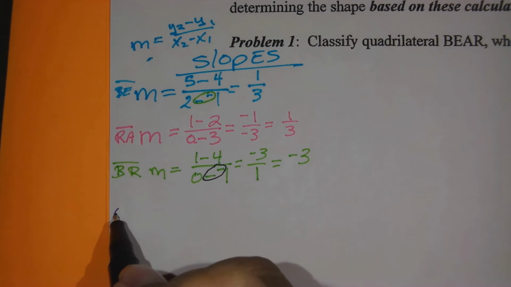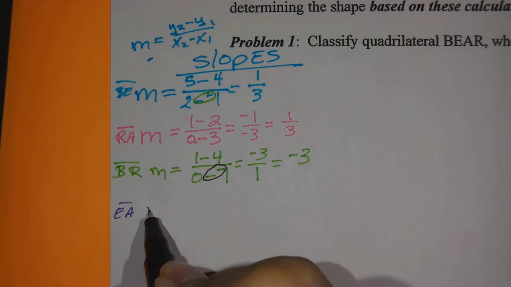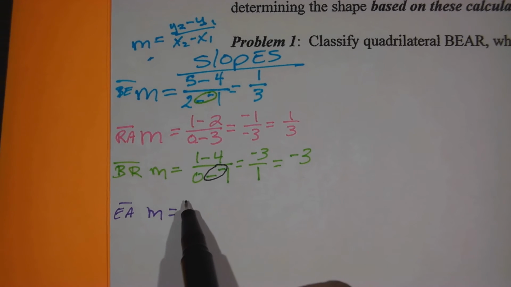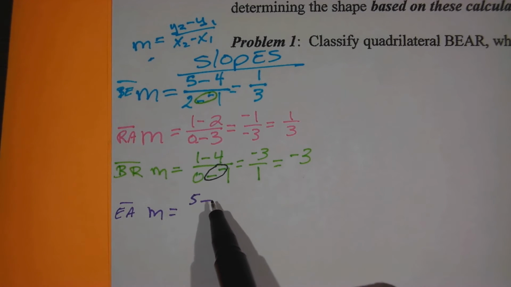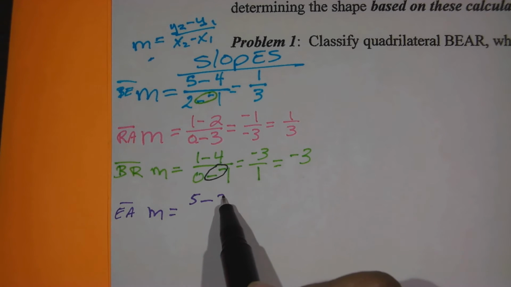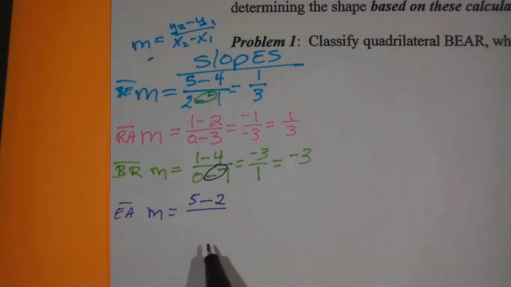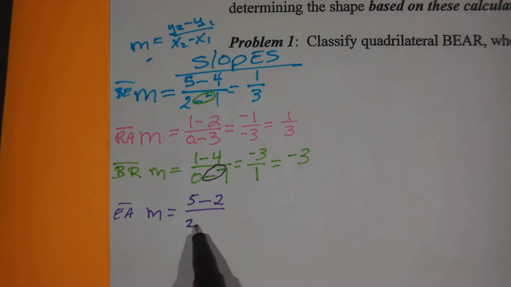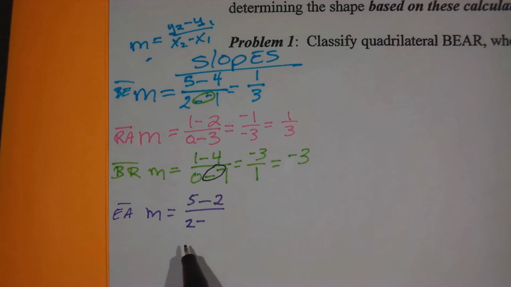So EA slope. Y2 is 5 minus y1 is 2 over x2 is 2 minus x1 is 3.